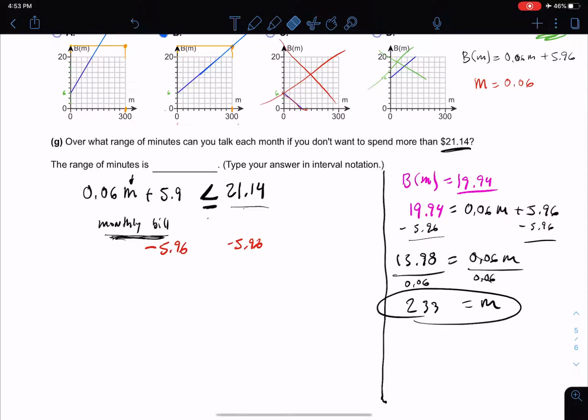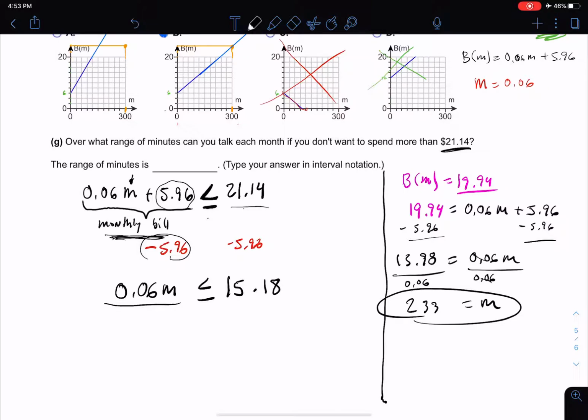This whole piece right here is opposite with this piece, so then we end up getting 0 there. We're left with 0.06 m is less than or equal to, and when I say 21.14 minus 5.96, I get $15.18.